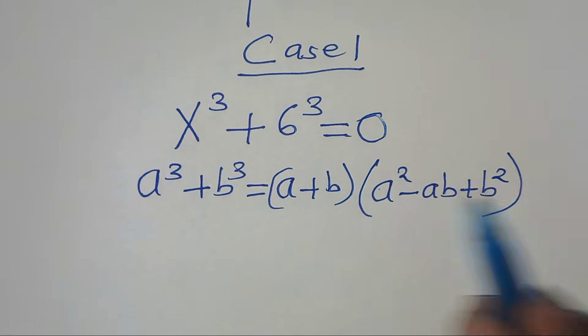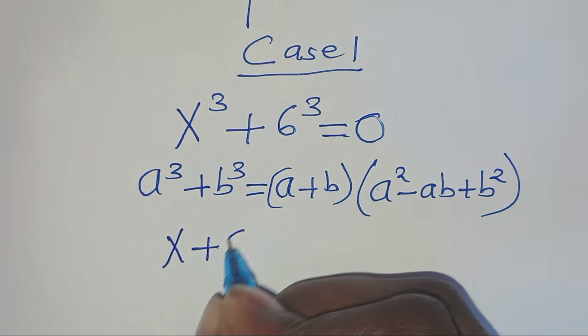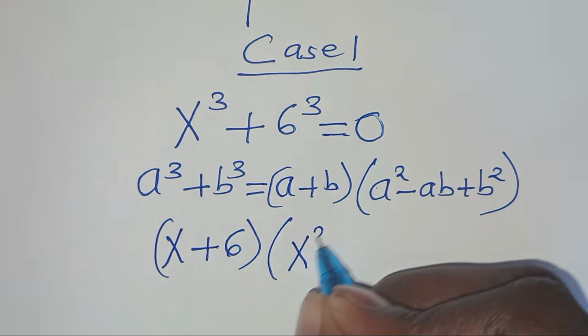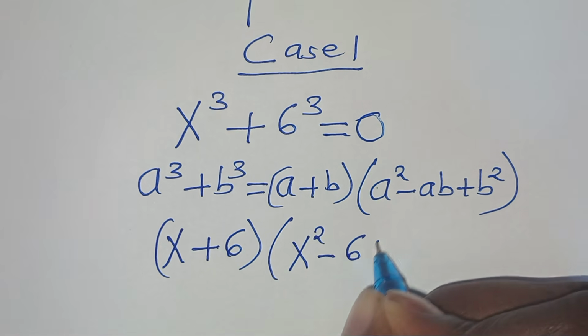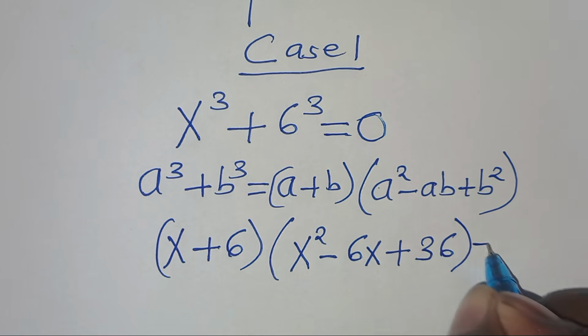So let's apply this identity so that we have (x plus 6) times (x^2 minus 6x plus 6 squared, which is 36), equal to 0.